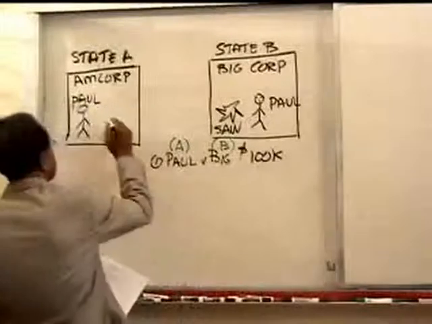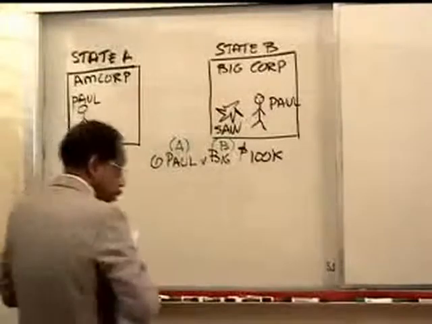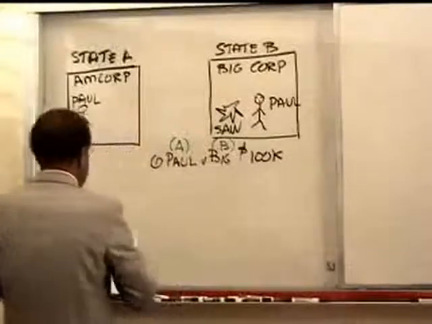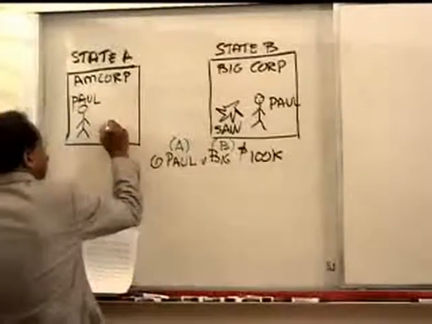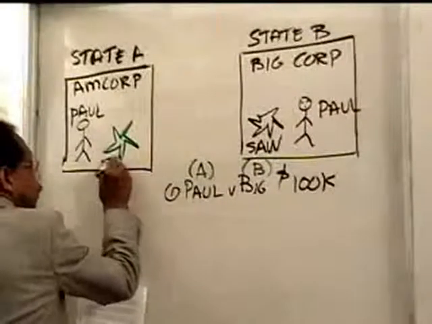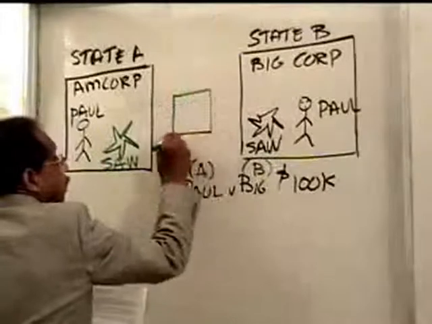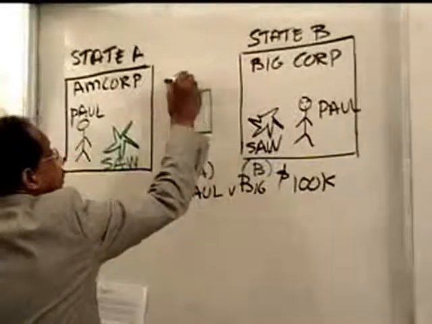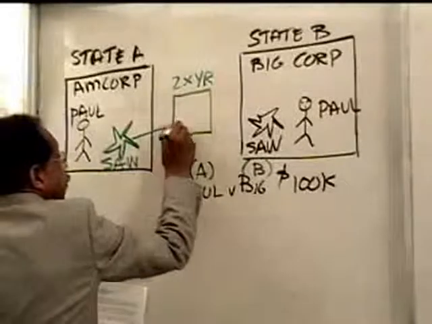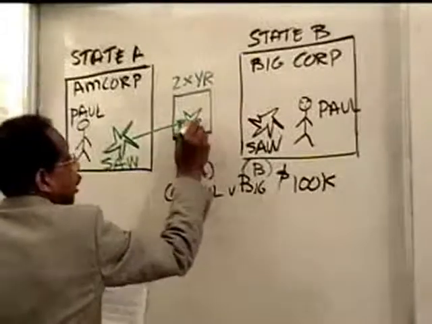So what happened to the saw is something like the following. The saw was manufactured here. Then these people, twice per year, the saw went through here and then ended up here.